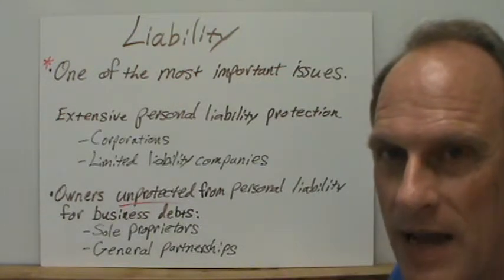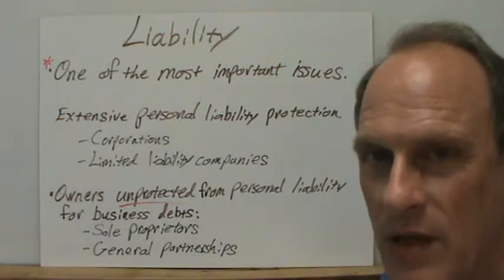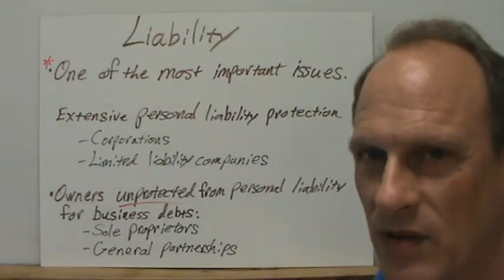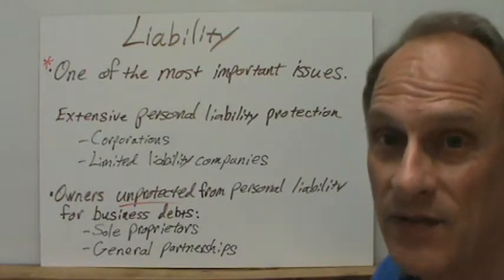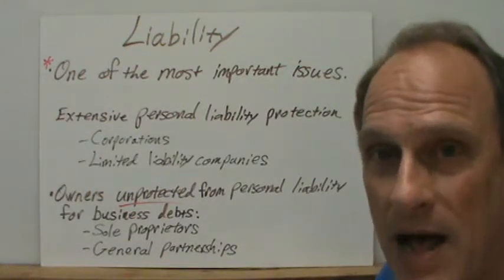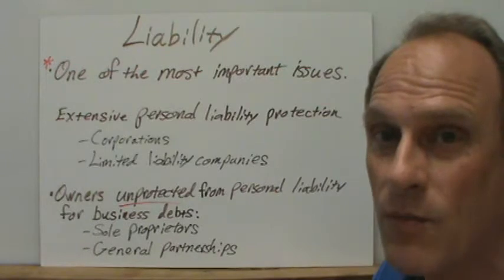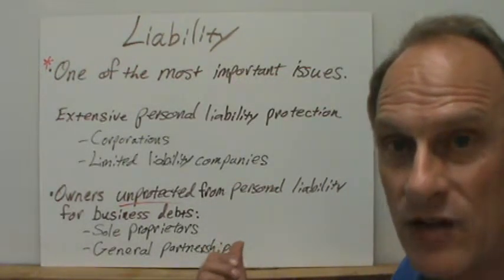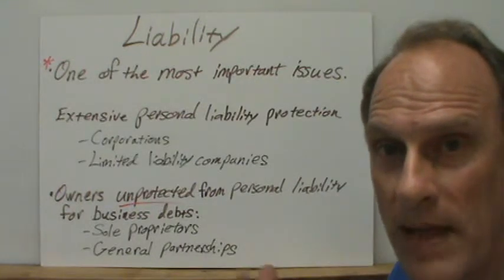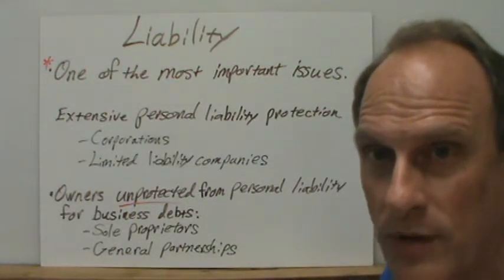No way to escape liability there, but yet some people will still operate some businesses with a lot of cash flow and with a lot of employees. They'll still operate as sole proprietor. It's not a real smart way of doing things, but maybe flexibility with management and information and so forth is more important to them.